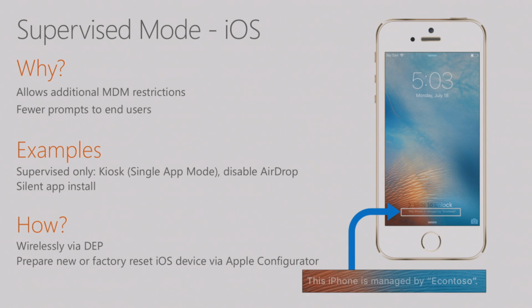I say that because of supervised mode. Supervised mode is really built for the center of the corporate world. That is, Apple provides a lot more MDM restrictions for you as an IT admin, or you in the company, to control on a device if that device is supervised. That's when they know it truly is a corporate device.